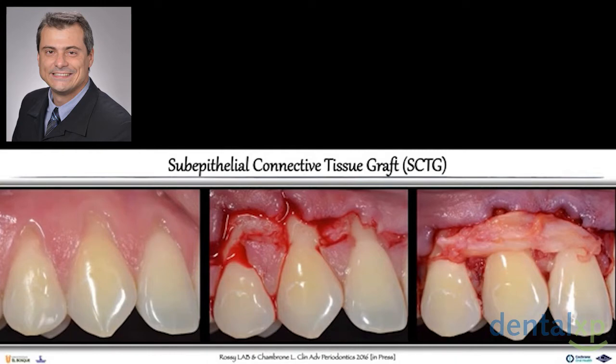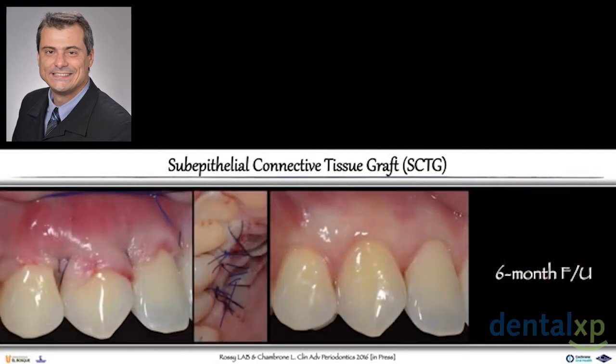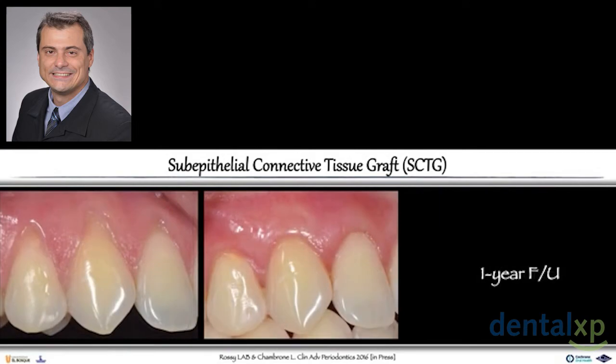Regarding the use of subepithelial connective tissue grafts, these may be used for the treatment of upper or lower recessions located in the anterior or posterior sections. Here we have an example of the use of the subepithelial connective tissue graft in association with the coronally advanced flap without releasing incisions, where we may see very good outcomes in terms of aesthetics and improvements in the keratinized tissue band at the 6-month and 1-year follow-up.